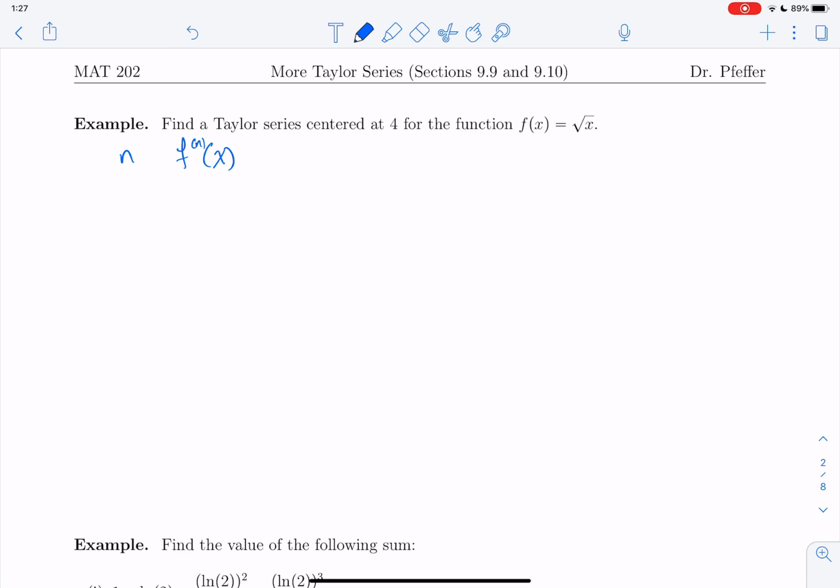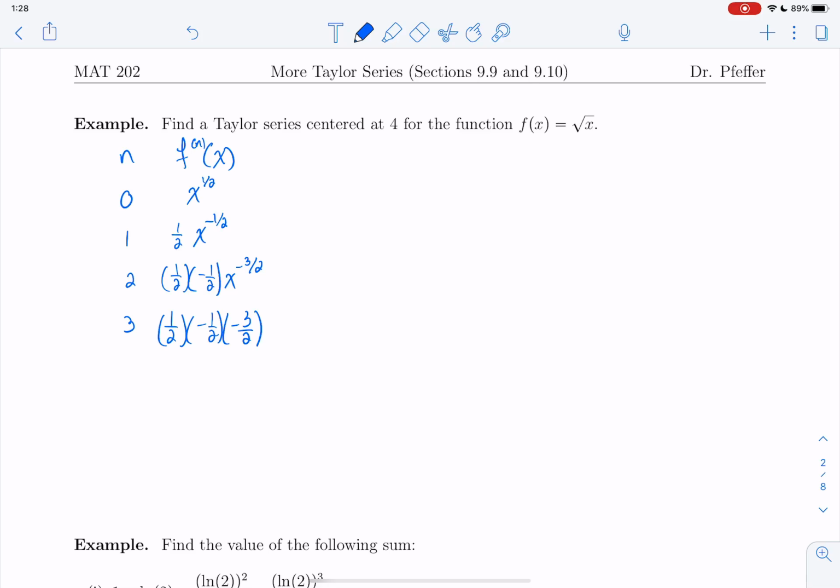And what we found is as we differentiated, if we don't differentiate at all, we had just x to the 1/2. And as we went through and computed our derivatives, we built the following table, where I did not combine any of these coefficients because my goal is to spot a pattern. And we continued in this fashion over and over again using the power rule and fractional exponents.